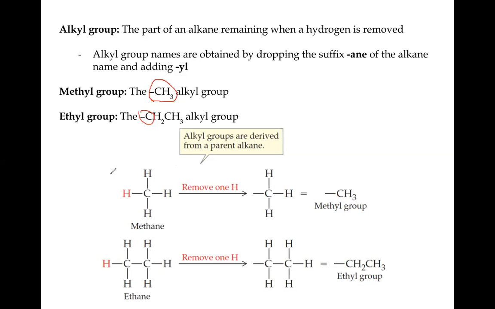Sorry, I don't know why I'm losing track. Maybe because it's late. You put a methyl group onto different molecules, it's no longer a methane, it's a methyl. And you can add ethyl groups as well. It's no longer ethane, it's ethyl.